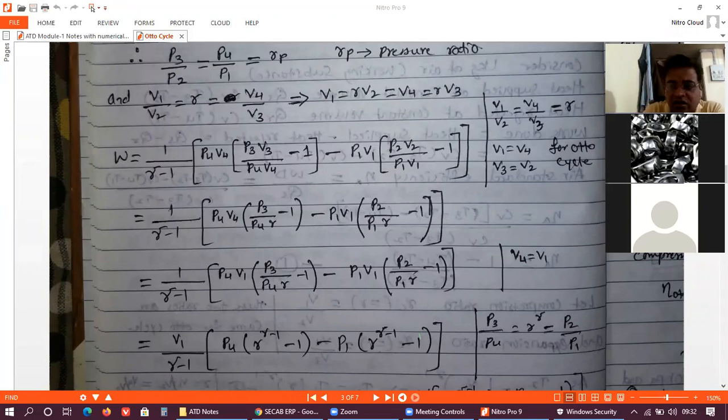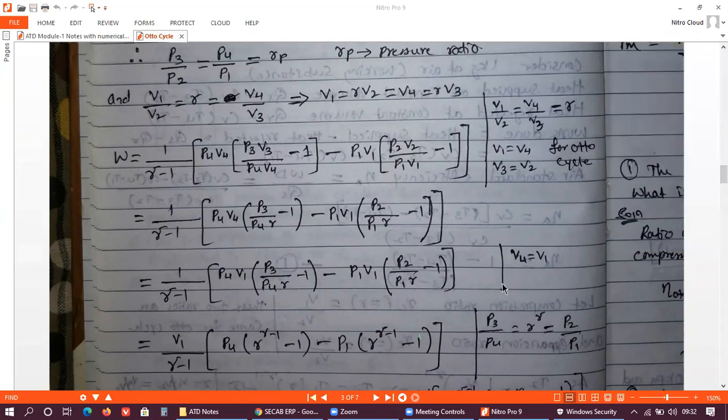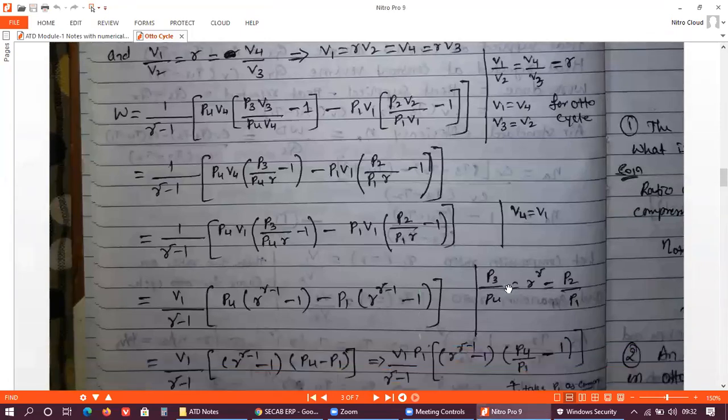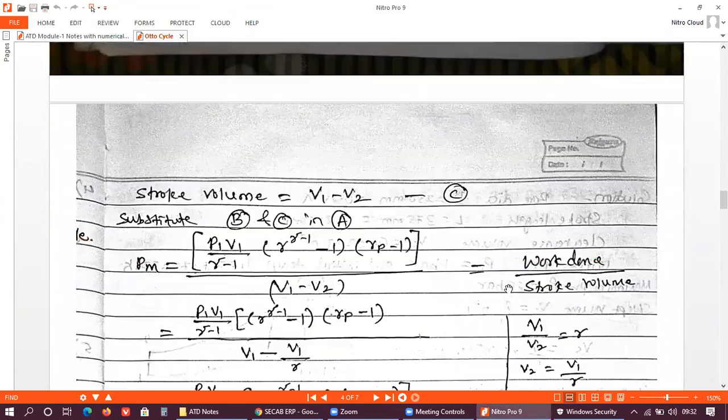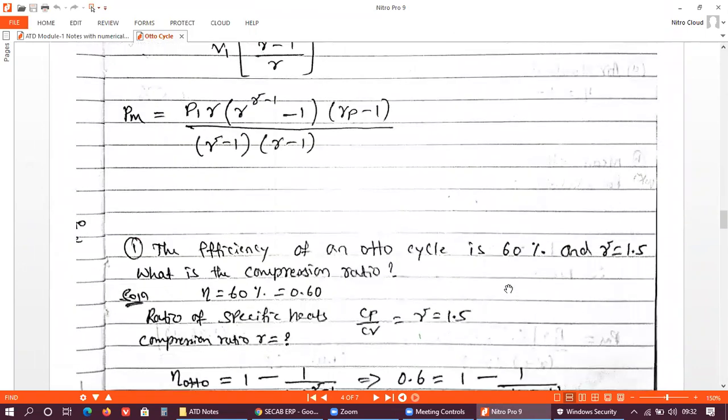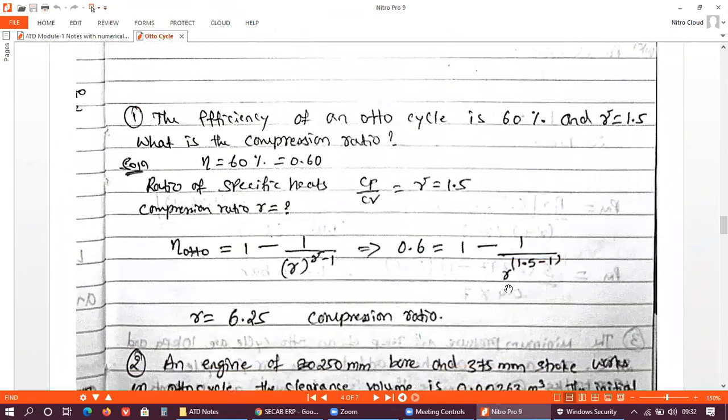Okay, now coming to this first problem, we'll discuss one problem related to this, so that you will understand the concept. The efficiency of an Otto cycle is 60%, and gamma is 1.5.